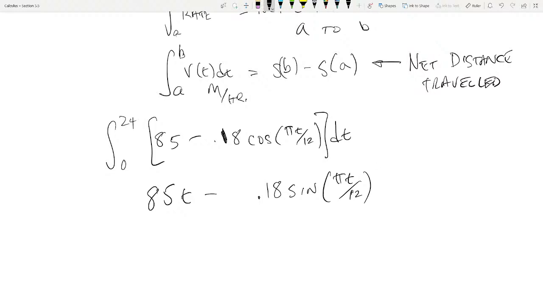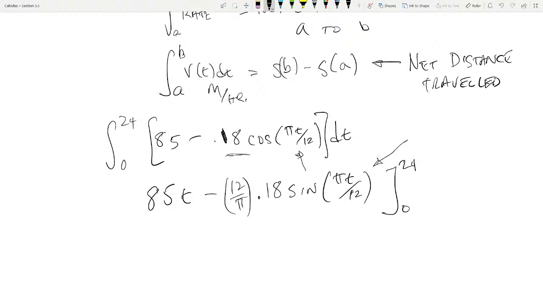When I do the derivative of this to get back to that, I'll get a cosine, which I want, but I'll also get a pi over 12, which I don't want because I want to get back to this right here, which doesn't have a pi over 12 in it. So I have to put a 12 over pi as a preemptive strike. And that's the way I can do the antiderivative without doing the U substitution. I hope you're able to follow that.